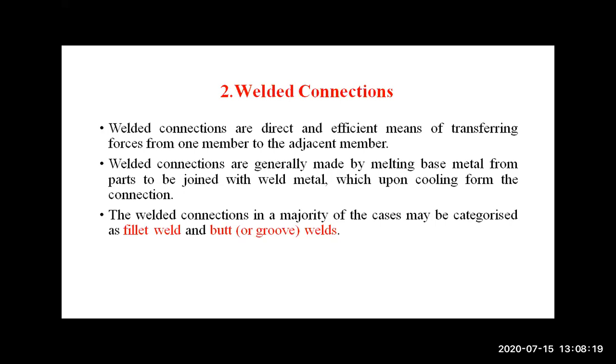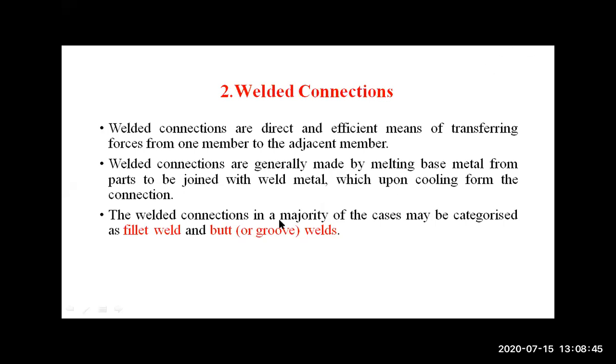So the bolt may fail due to shear, bearing, or tension, which we have seen in the bolted connection. Similarly here, we are jointing two members or two plates by the weld, and in that process, if the welding is done, one member is transferring the force to the other member. So that is the welded connection.